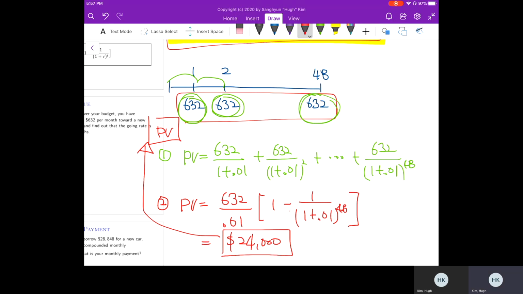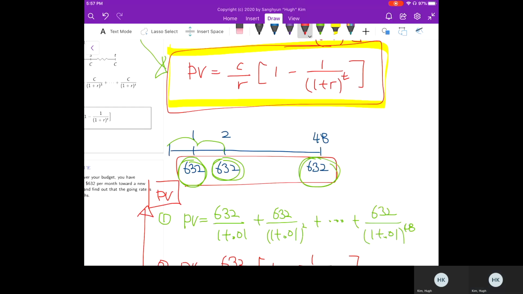As you can see in this example, this formula is very useful. And the present value of annuity formula can be applied in many different situations.